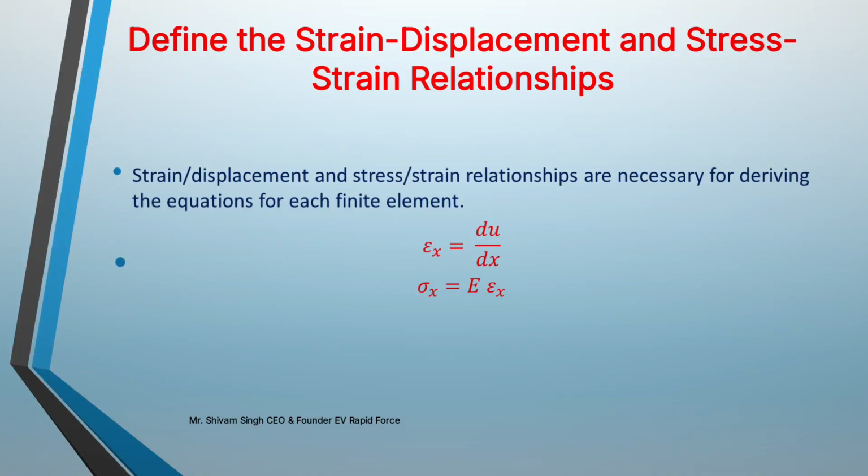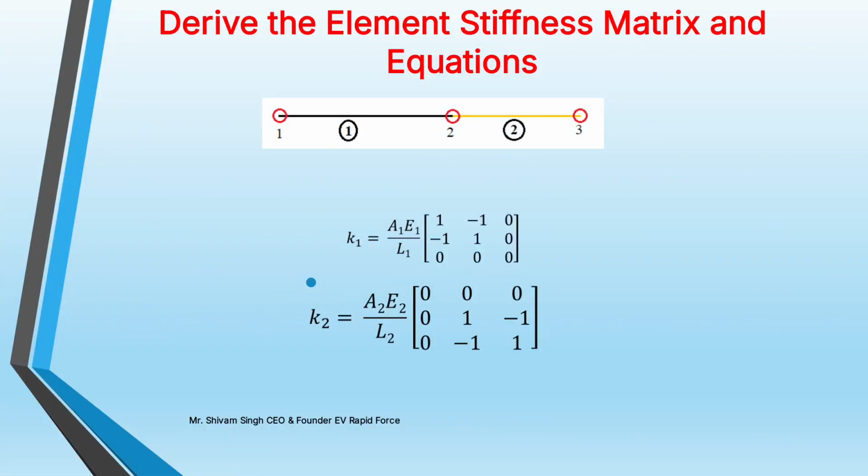After taking the relationship, we go for the stiffness matrix for both elements. We get the stiffness matrix of the first element, A1 E1 upon L1, having a matrix of the form 1 minus 1 0, minus 1 1 0, 0 0 0. In that, along the z direction everything is 0.